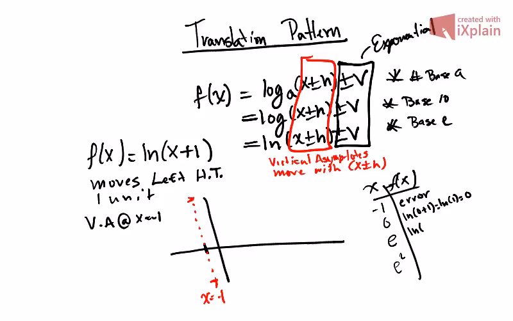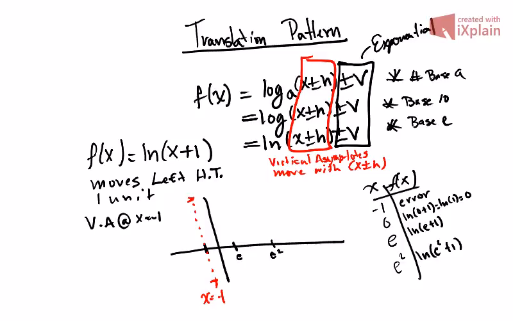If I do the natural log of e plus 1, that's just some number. And if I do the natural log of e squared plus 1, that's another number.